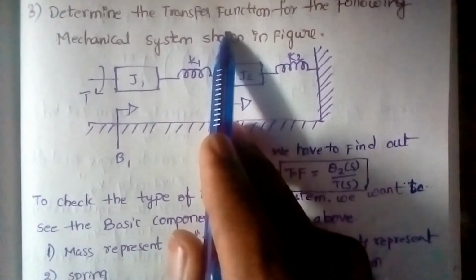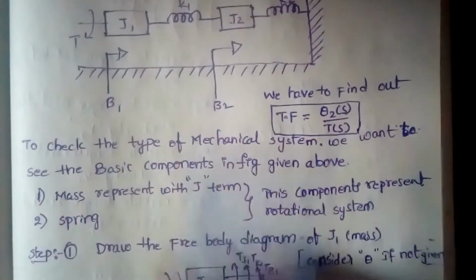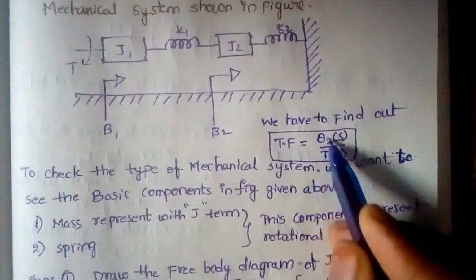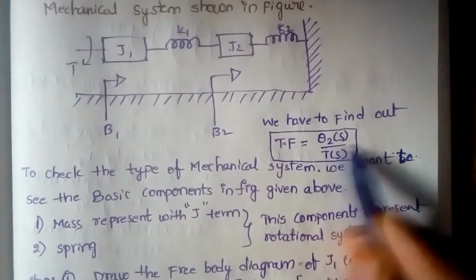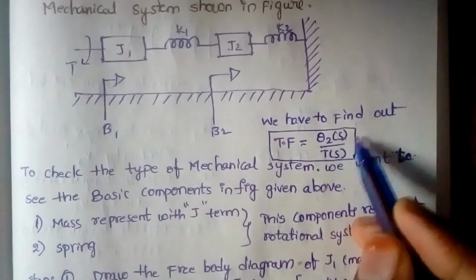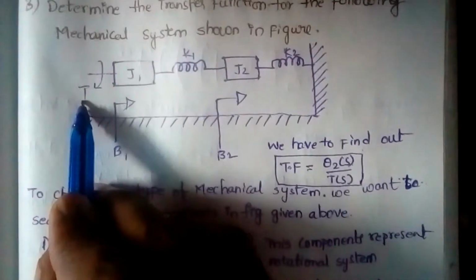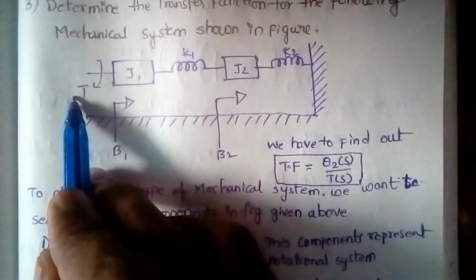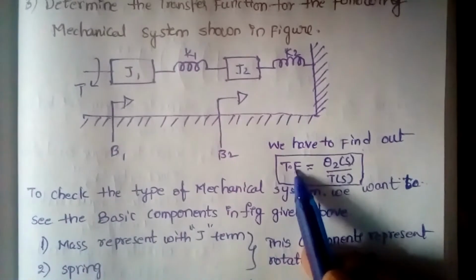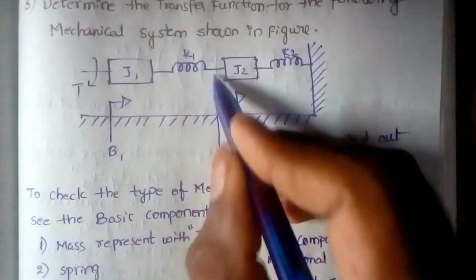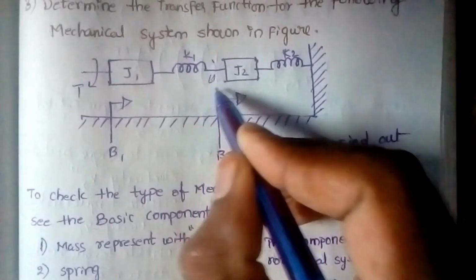Then we go to the main output required, the transfer function. We have to find the transfer function, which is theta 2 of s by T of s, the Laplace transform of output by input. Where is the input? The applied T. T is torque. The output is theta 2.